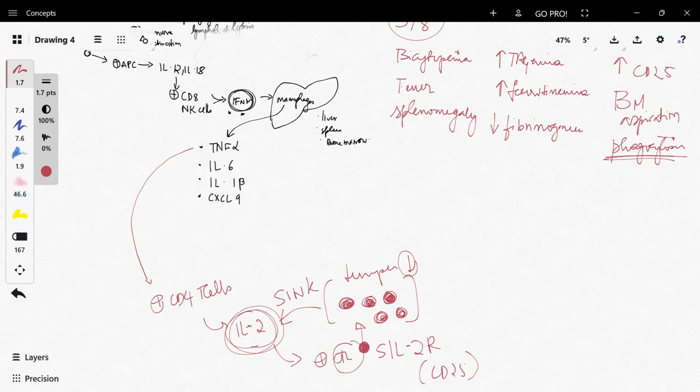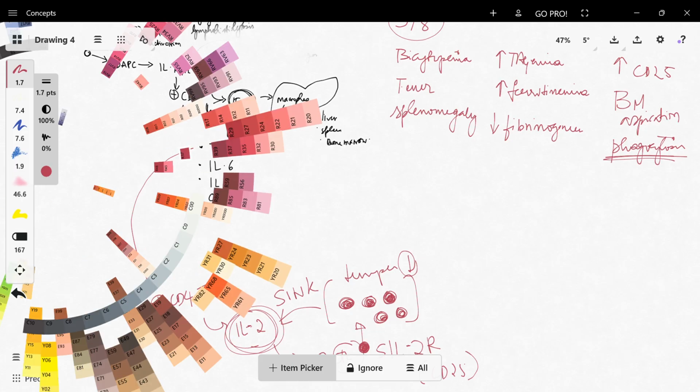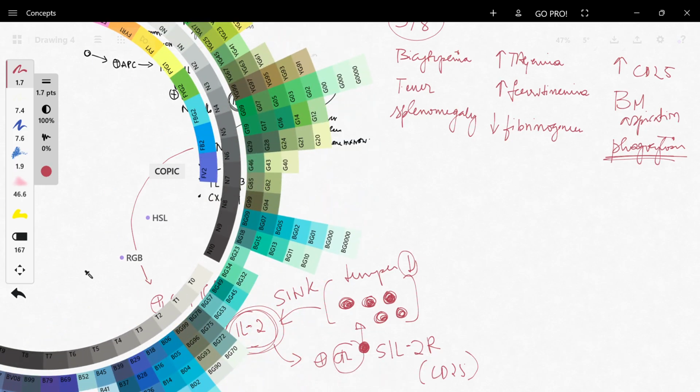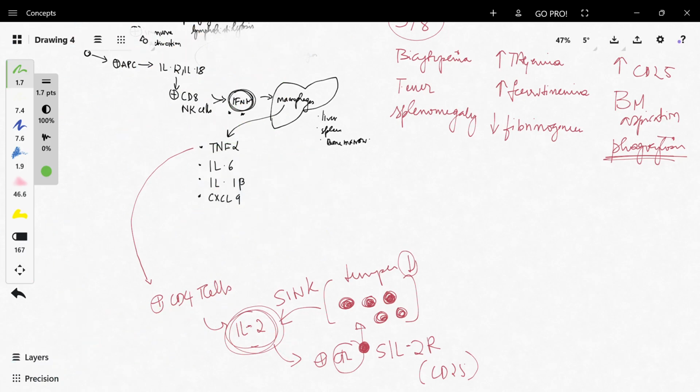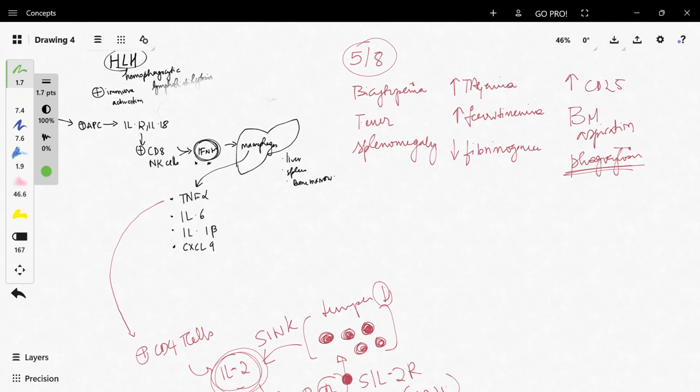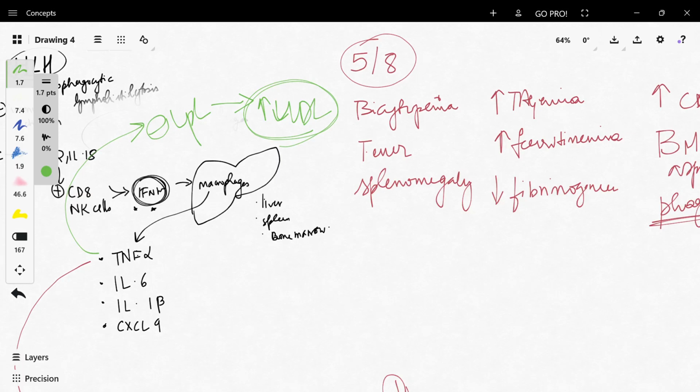Now, let's move on to the next thing that TNF alpha does, right? I'm going to change the color a little bit so it's easier on the eyes, otherwise everything just looks the same and it's more confusing. Tumor necrosis factor alpha inhibits lipoprotein lipase, and that leads to increased VLDL, and this is what causes the hypertriglyceridemia.